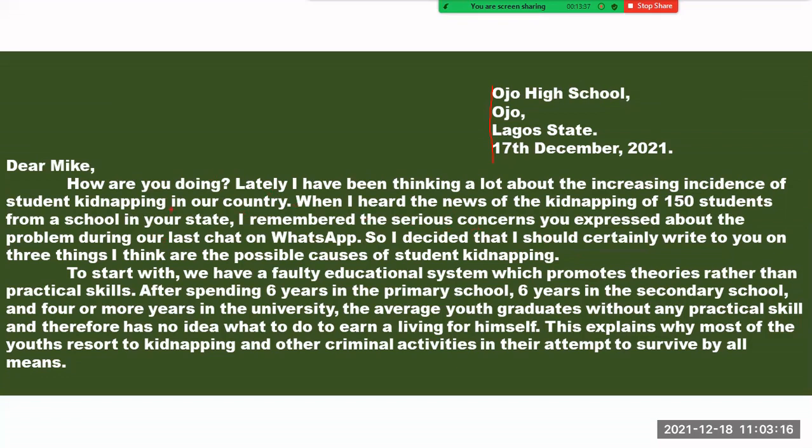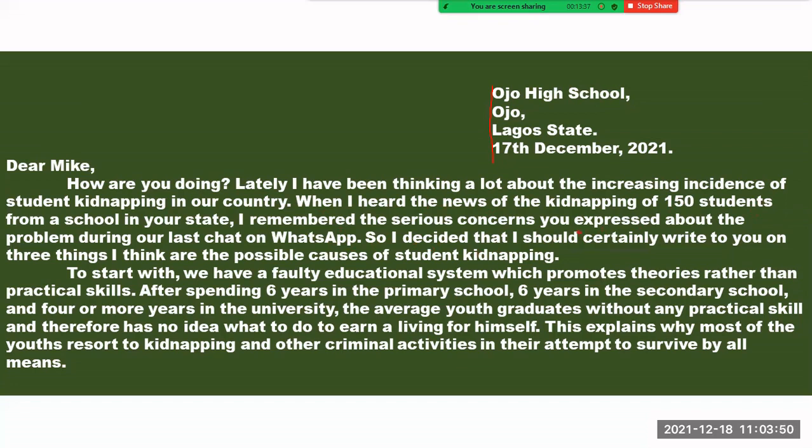Let me take this paragraph once again. How are you doing? Lately, I've been thinking a lot about the increasing incidence of student kidnapping in our country. When I heard the news of the kidnapping of 150 students from a school in your state, I remember the serious concerns you expressed about the problem during our last chat on WhatsApp.